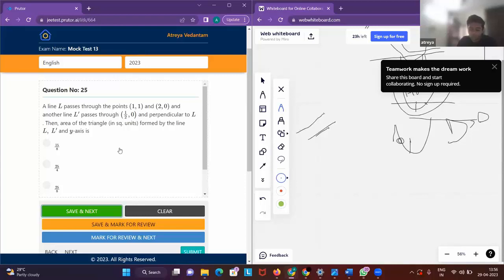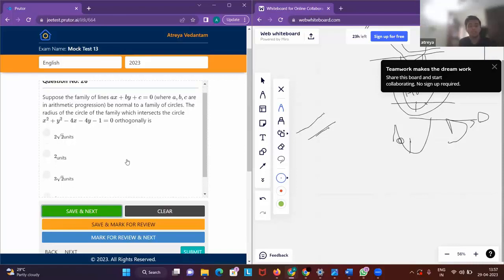So they meet at (5 by 4, 3 by 4). Okay. So therefore the area is simply going to be half into base, which is 5 by 2, into height, which is 5 by 4. So that's 25 by 16.